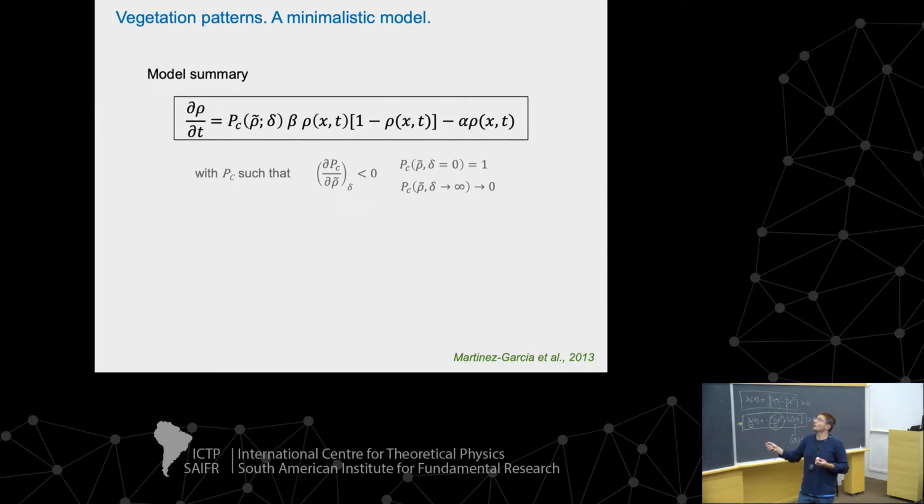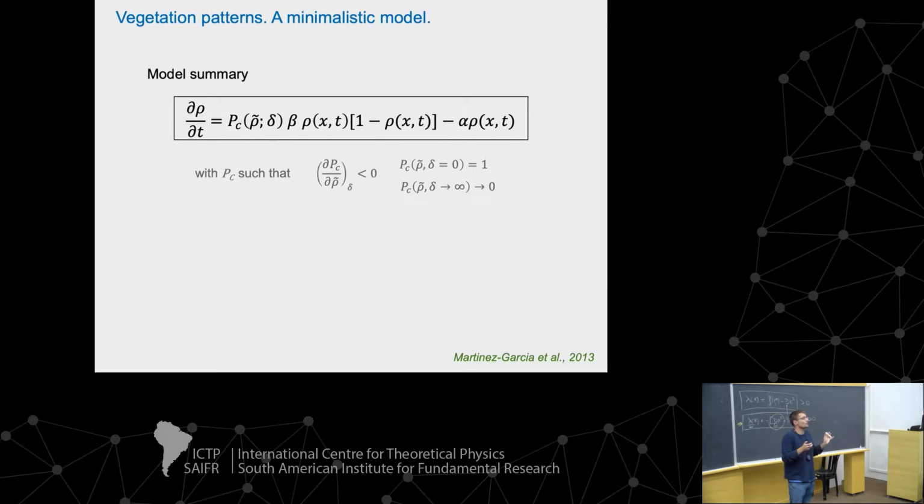And when there are no plants around, delta is giving us the intensity of the competition, so it's the amount of water that I have. So when this intensity of the fight is equal to 0, then my probability is equal to 1, and when this intensity is very, very strong, then this probability is equal to 0. So at least I know some general properties about this function that will help me in my analysis up to some point.